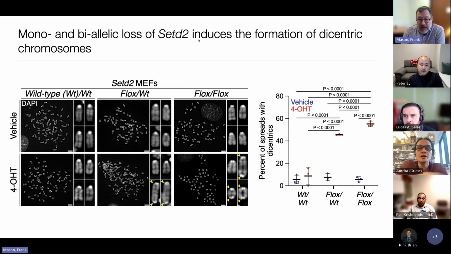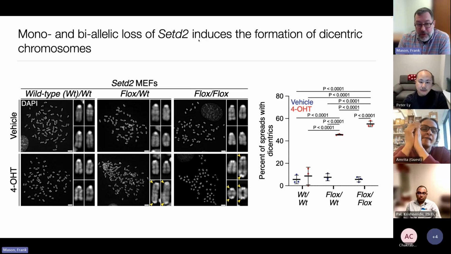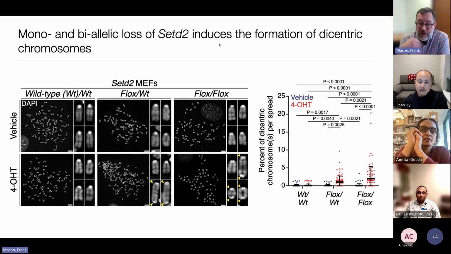And what we see is that either when we lose one copy or two copies of SETD2, about 50% of the cells generate these dicentric chromosomes. And then if we normalize to the total number of chromosomes per spread, we see that roughly 1.5 to 2% of the chromosomes are dicentric.